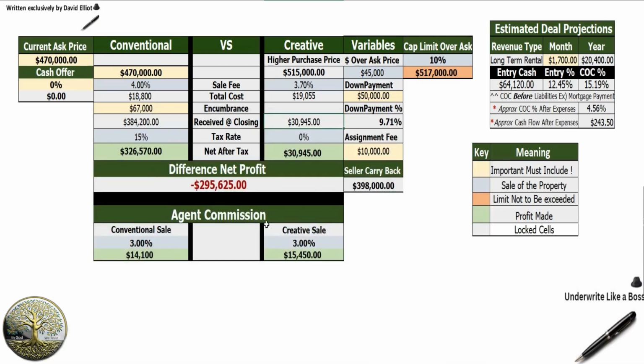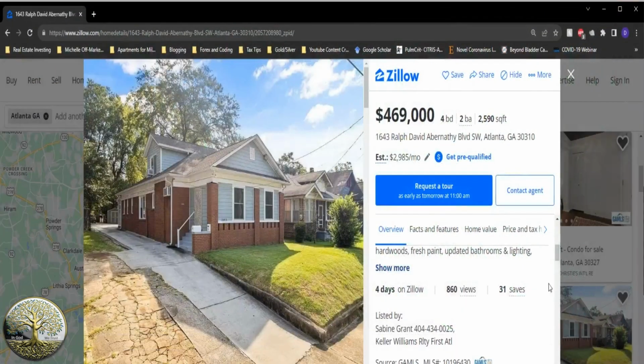But based off of these numbers here, this is one of those properties that I would avoid. I would move on because there are other leads that you could pre-qualify and you would know that the numbers would work.